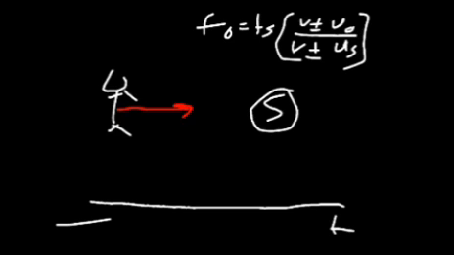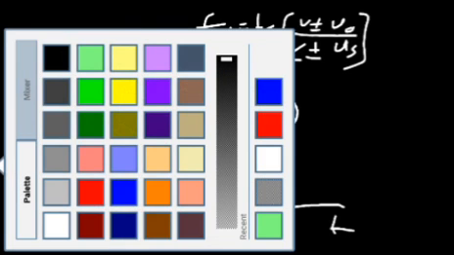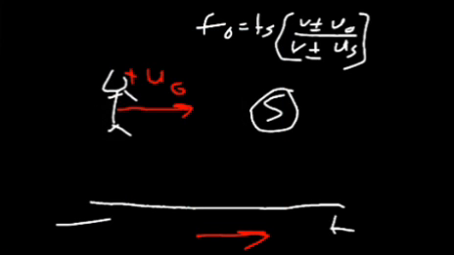So it means that UO is positive. Remember, it's going towards the positive x-axis, so UO is positive. If the source is moving away from the observer, it means it's going towards the positive x-axis, so US is positive.